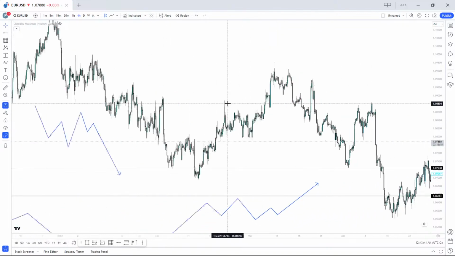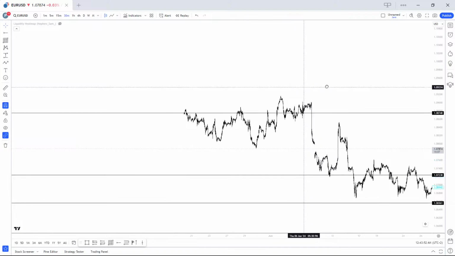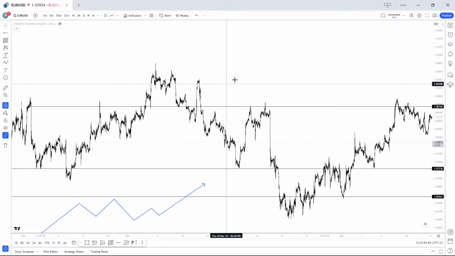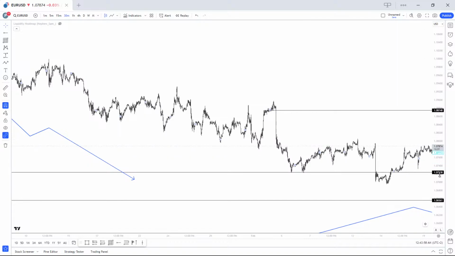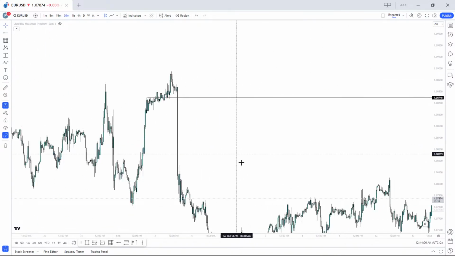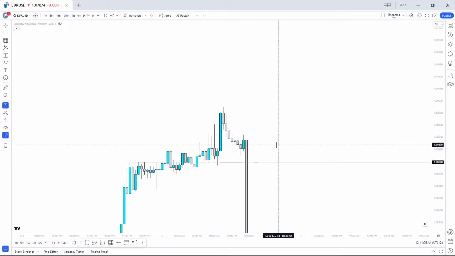Okay, we can jump to the lower time frame. I'll mark out our area. Okay, let's go to, I don't know, 30 minutes or something. Let's see. Alright, we have to see the break of structure, but I don't think, or no, it's not this.